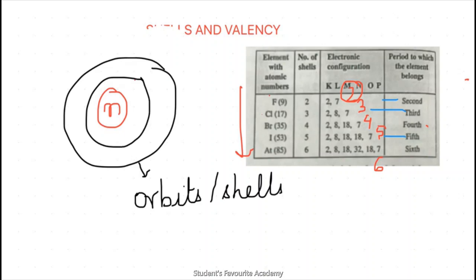So this is an important property of the number of shells or valency: down the group, the number of shells tend to increase, and then we'll see what happens if we move across the period. Now if I tell you the example of across the period, children, I'll be writing down the examples here.